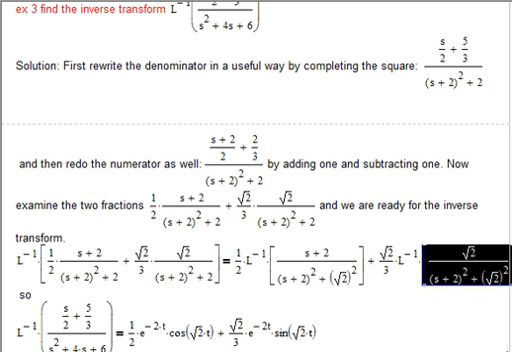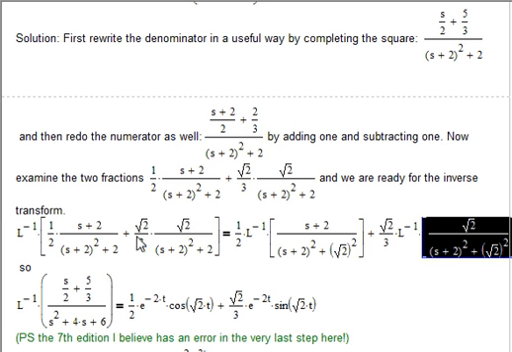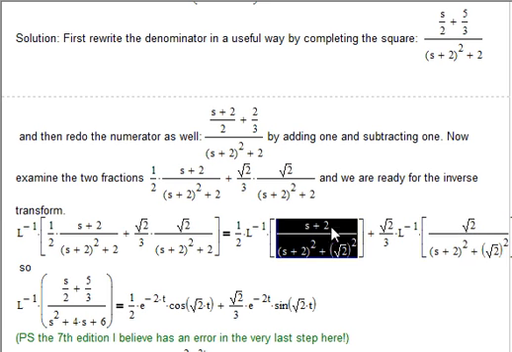So anyway, then we'd say, well, okay, what we need to do is look at this part, and of course you can recognize this would be the same as the cosine but displaced 2 units, or translated 2 units if you want.